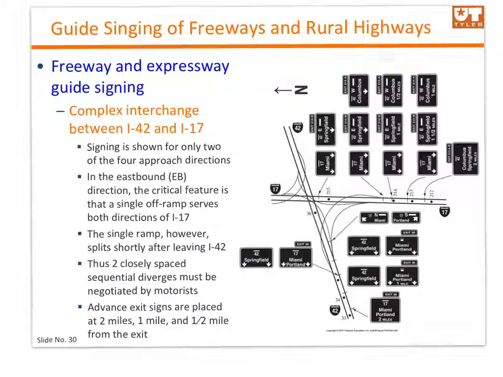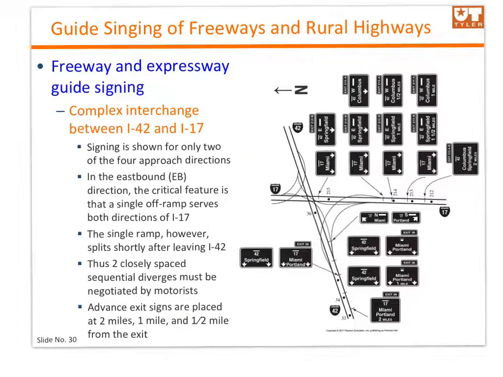As you can see here, there's a lot of signing. Signing is shown for only 2 of 4 approach directions. So after all this, you think there's so much signing, but still this is only for 2 approaches. So let's start with the eastbound. In the eastbound direction, the critical feature is that a single off ramp serves both directions of I-17.